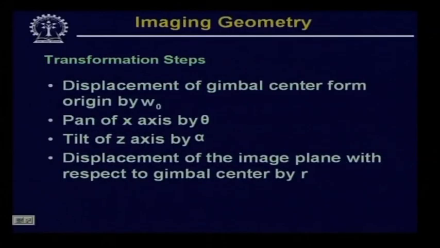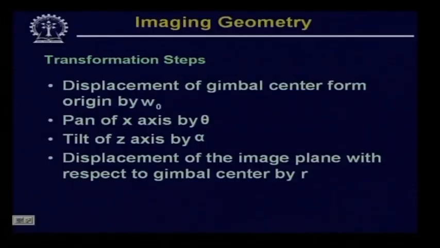So, what are the transformation steps that we need in this particular case? The first step is, we assume that the image coordinate system and the 3D world coordinate system are perfectly aligned.